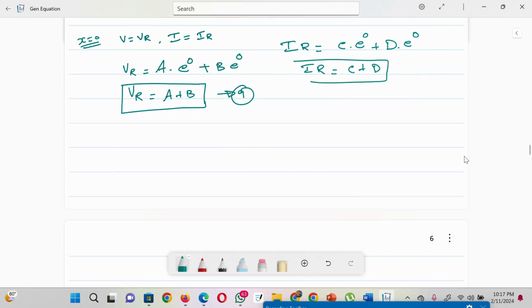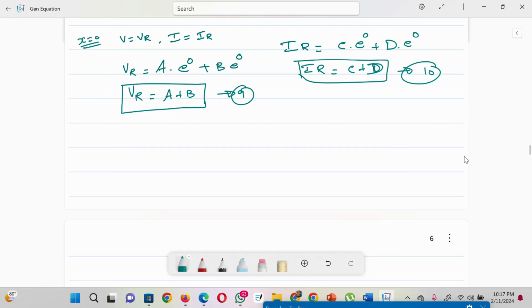This is equation number 10. From this we are going to calculate the IR and VR values with respect to the propagation constant, where we mentioned e power 0. So finally a, b, c, d.